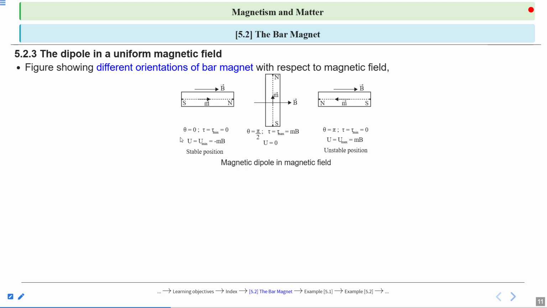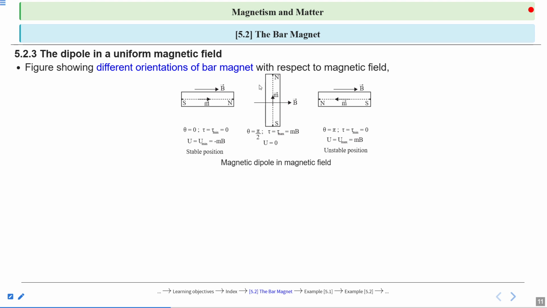So the magnetic potential energy stored in this bar magnet will be minus mB. This is the minimum potential energy of the bar magnet, which is the stable position, also known as stable equilibrium. Got it? So stable equilibrium is at theta equal to 0.